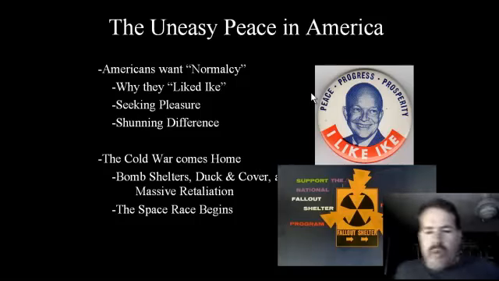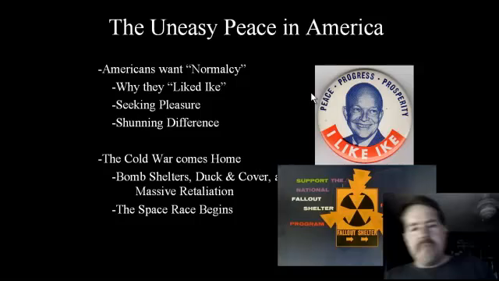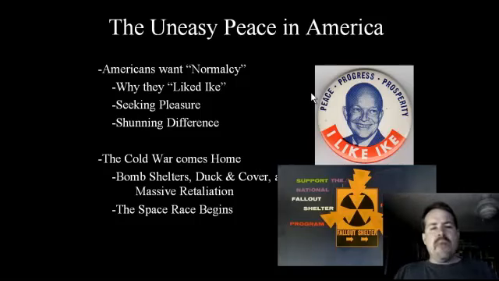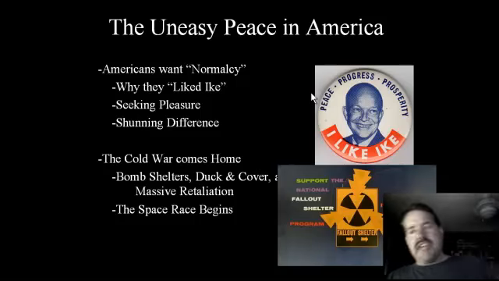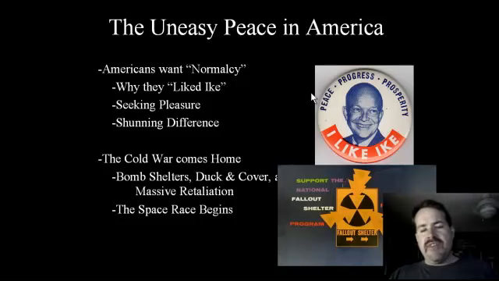To pull it all together, we have to understand that this is occurring during a time when Americans desperately want normalcy. They desperately want stability. And so, as Americans want a stable political life, that's why they liked Ike. Eisenhower came in 1952. He promised to get us out of Korea. He did in 1953.